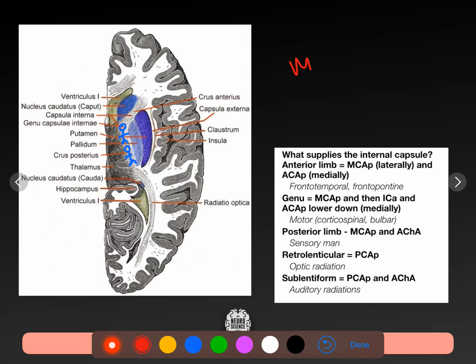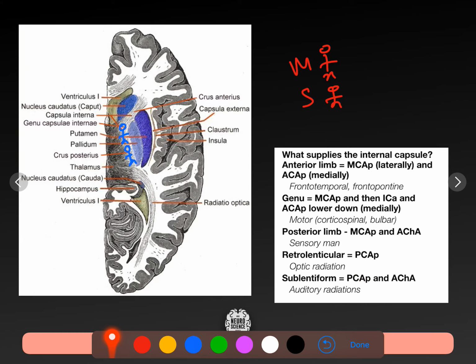I always remember it as MS, and then two people. It's crude, but it works. Motor up here is mostly supplied by MCAP and ACAP, and then MCAP and anterior choroidal. So not too hard to remember: MAMA for MS. Hope that makes sense.